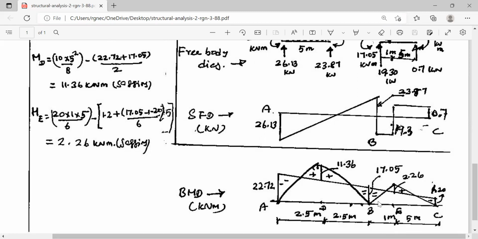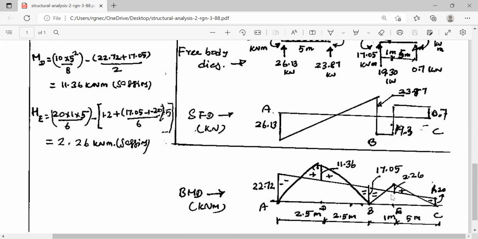Similarly, we can calculate ME. This is WAB by L, a 20 kilonewton point load, AB by L, minus the net moment. The fixed moment is varying from 1.2 to 17.05.